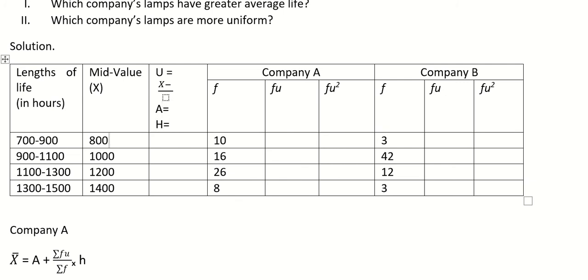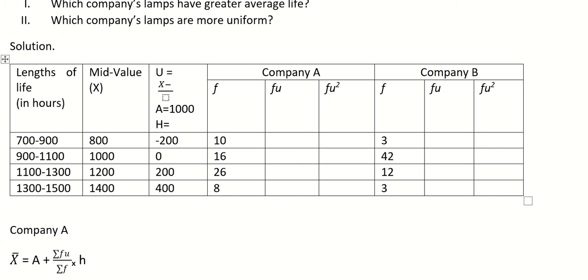We have to assume a mean. So here I am assuming 1000 as the assumed mean. Now we will calculate x minus A. So x minus A is 800 minus 1000, minus 200. 1000 minus 1000 is 0. 1200 minus 1000 is 200, and this is 400.